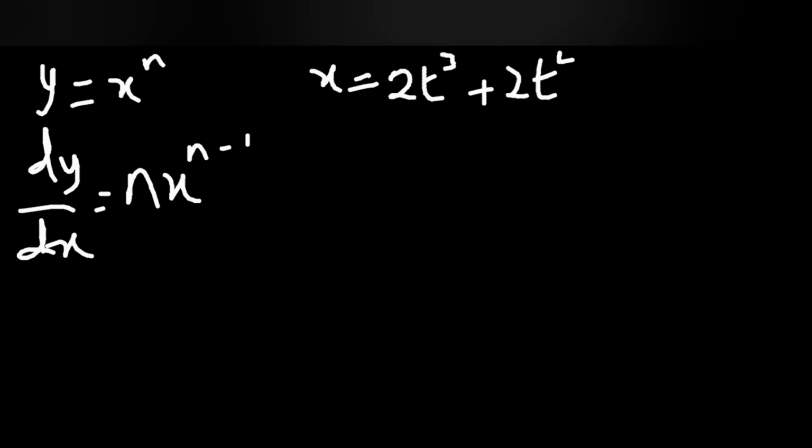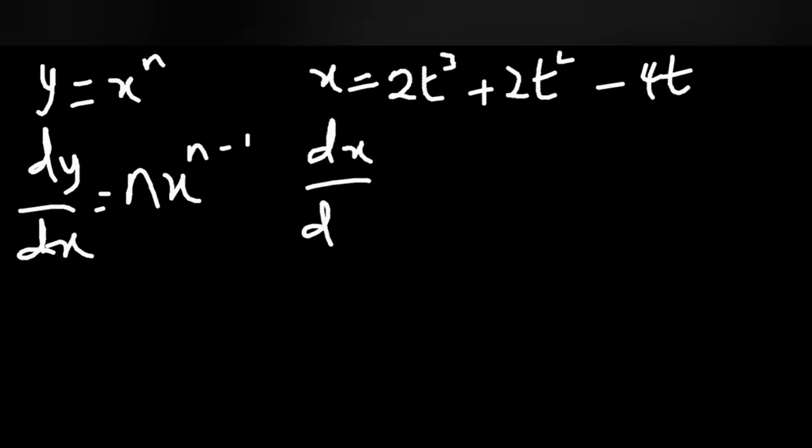plus 2t raised to the power 2 minus 4t, we shall have dx/dt given as 3 multiplied by 2, we have 6. If we reduce 3 by 1, we have t raised to the power 2, plus 2 multiplied by 2, we have 4.